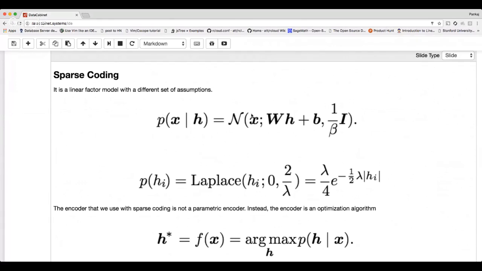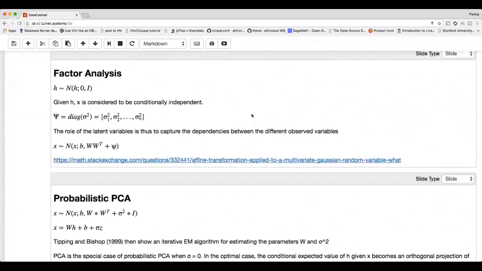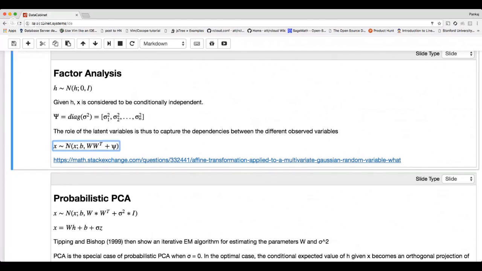In the previous one, you got W, and once you get W, then you can just sample. So X doesn't depend on H itself.